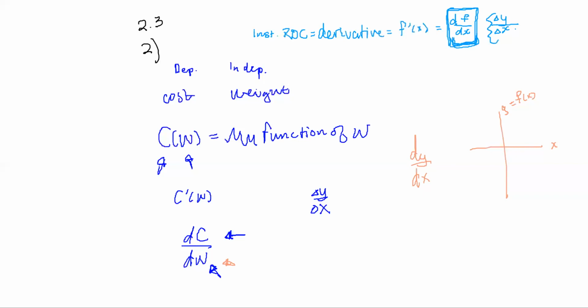If you change the variable on the bottom, then the top one will change. So I always refer back to this to make sure I know what I'm talking about. Okay, so what are the units? Is it dollars per pound or pounds per dollar?